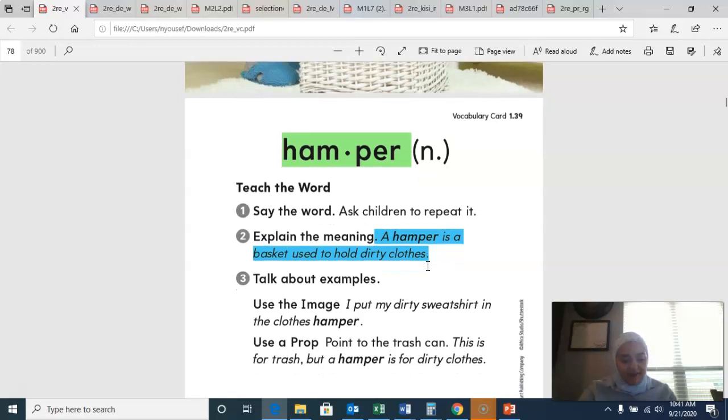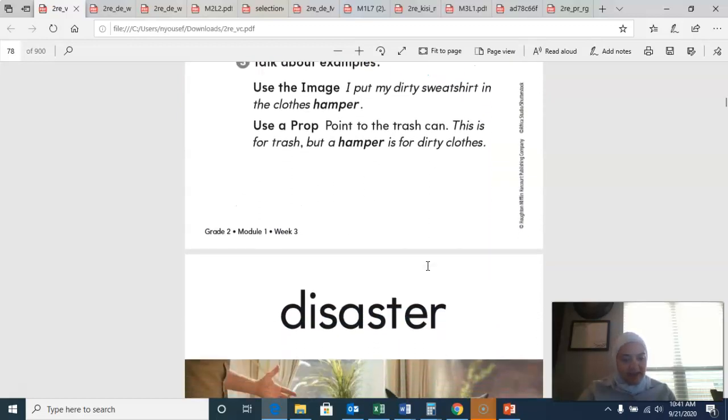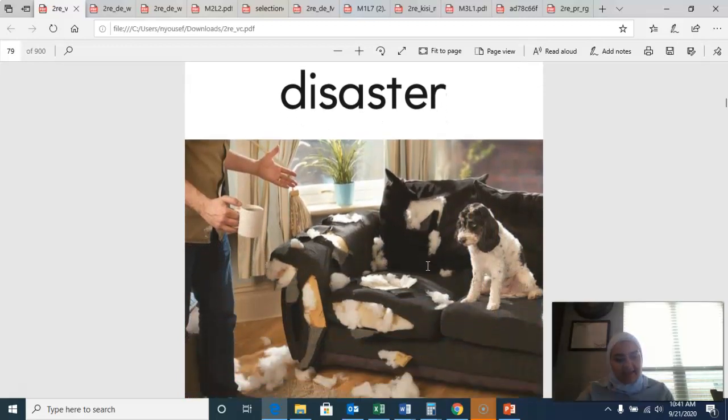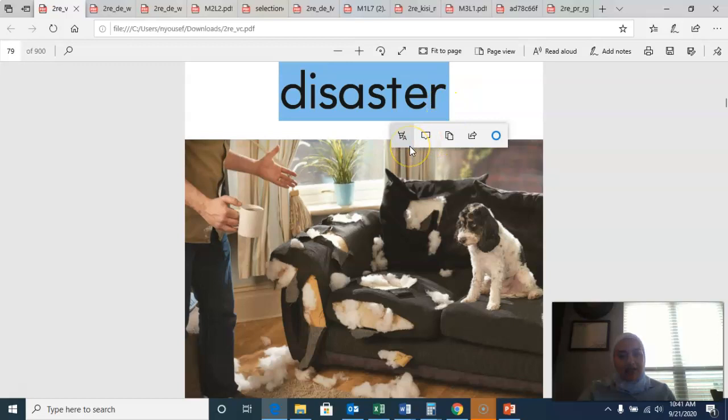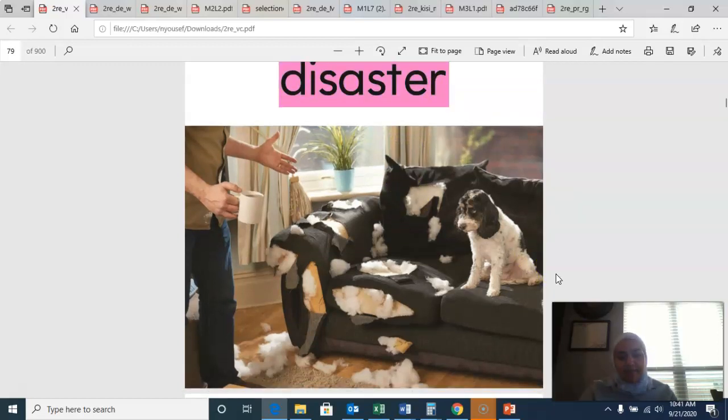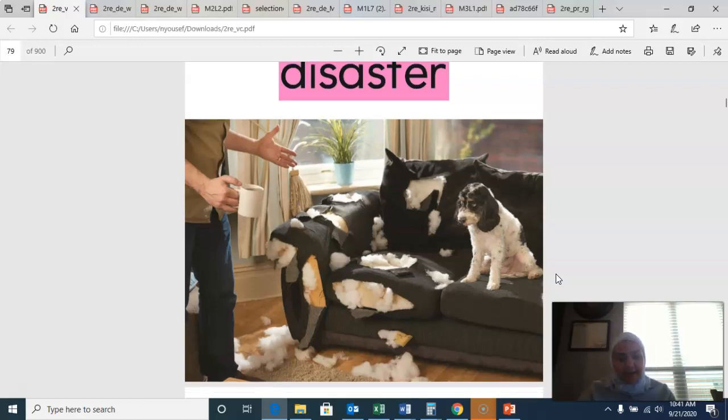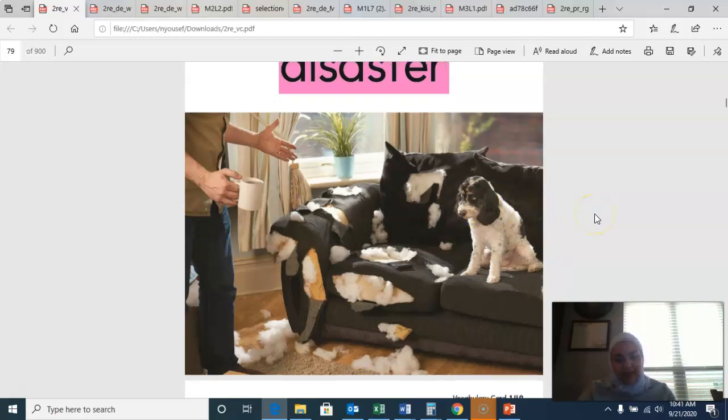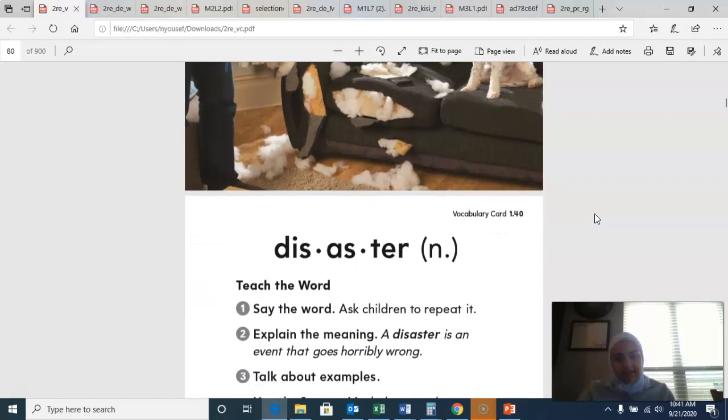All right, moving on. The next word we have is disaster. Oh my goodness. What a disaster. Look what the doggy has done. He's ripped that couch apart. Oh my goodness. And that man looks like, oh no. And look at the dog. He looks so sad that he created this disaster.